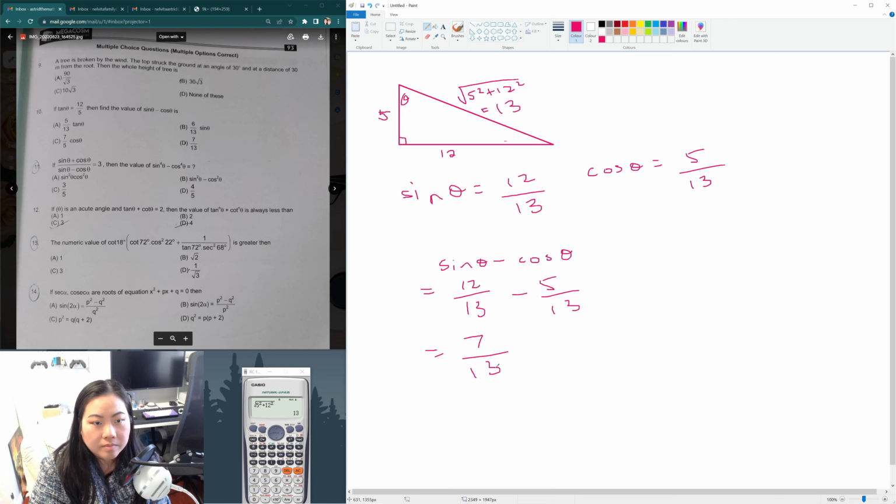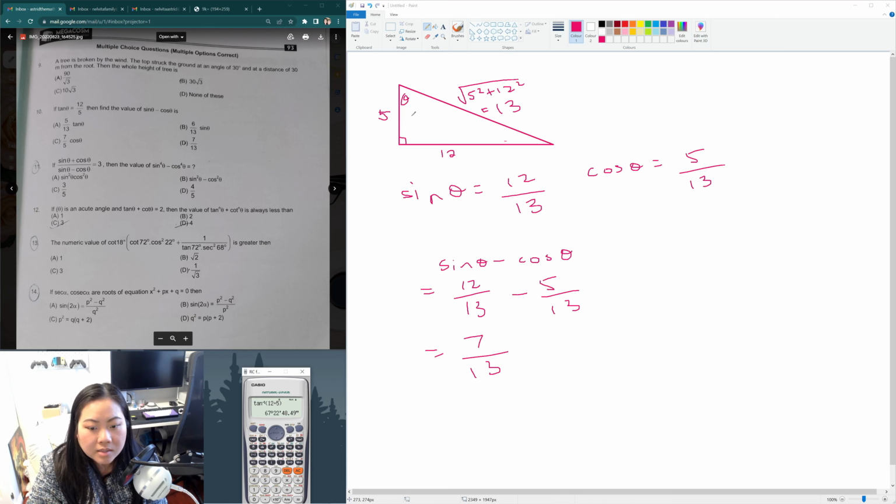There you go. Is there a way to check this? Yes, there is. So let's check it. If there's a way to check, I always check because I don't have the answer sheet for this. So I'm going to do arctan of 12 over 5. So that is actually the angle.